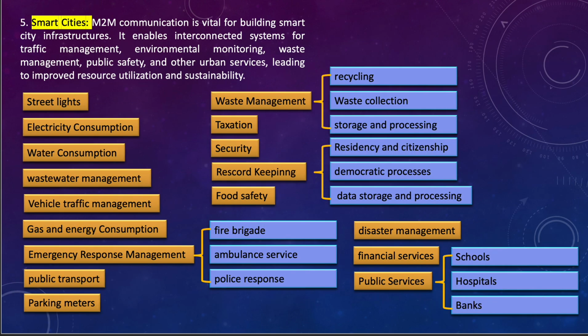So let's go to the other example we have, smart cities. Machine to machine communication is vital for building smart city infrastructures. It enables interconnected systems for traffic management, environmental monitoring, waste management, public safety and other urban services, leading to improved resource utilization and sustainability.